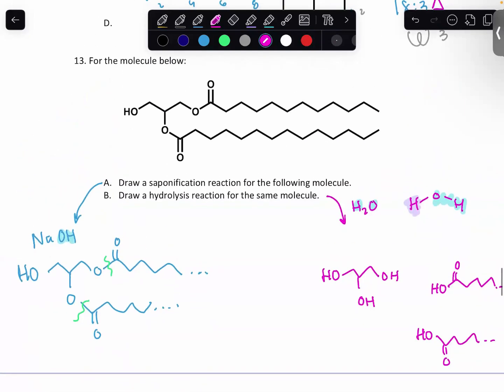It's this one and this one. I just didn't draw out the entire chain.